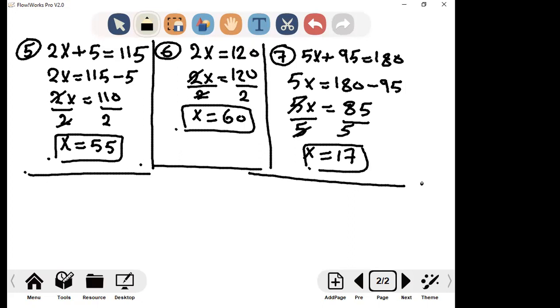Last question, question 8. We have the same idea of question 7. We have two angles, they are not vertical, they are not equal, but they're both lying on a straight line, so the addition of them is 180.